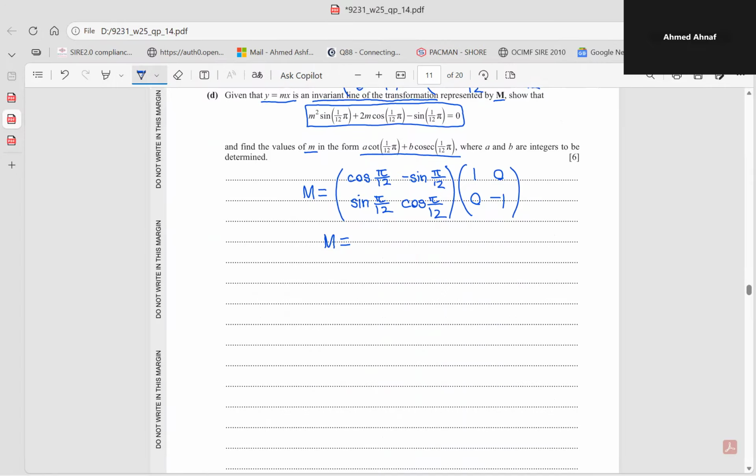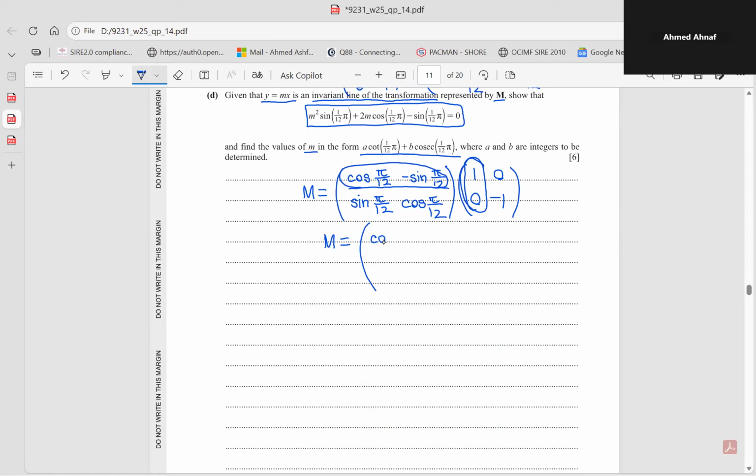So to multiply matrices, let's get this first element. To get the first element, on the top left corner, you have to multiply the elements in the first row of the first matrix times the first column of the second matrix. So you multiply cos pi over 12 times 1 plus negative sine pi over 12 times 0.